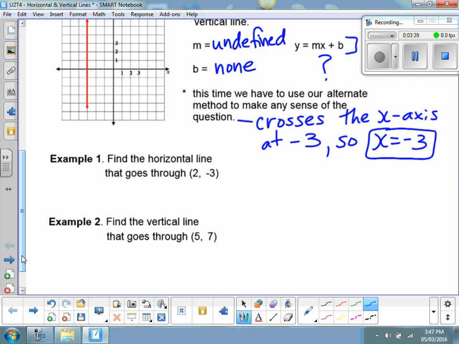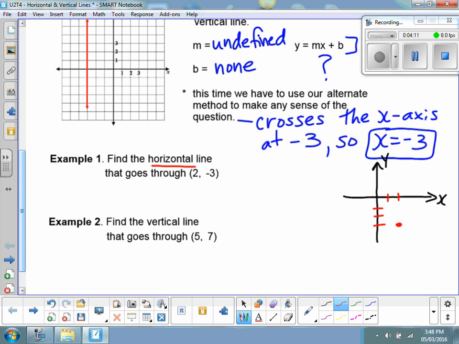So in this question, when it says find the horizontal line that goes through (2, -3), I usually just go over to the side and draw a graph, and the graph doesn't have to be a pretty graph, right? I've got my y, I've got my x, and then I'm going to plot the point. So that point is (2, -3). So it goes through this point, and if it's a horizontal line, it goes across.